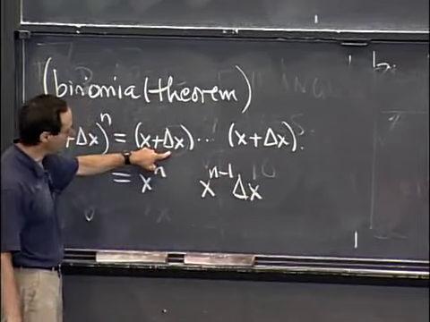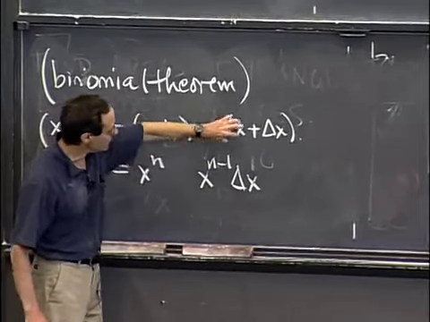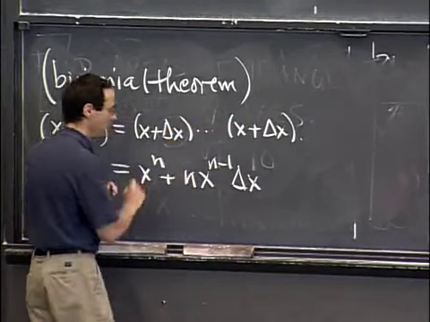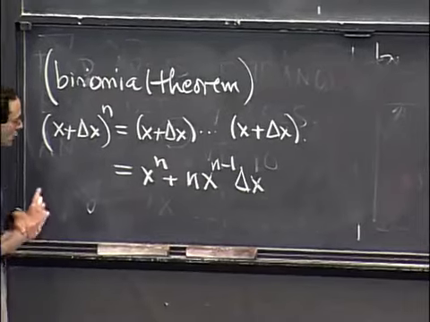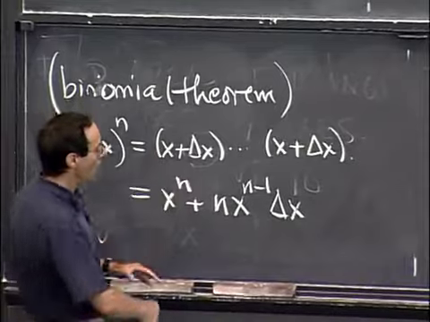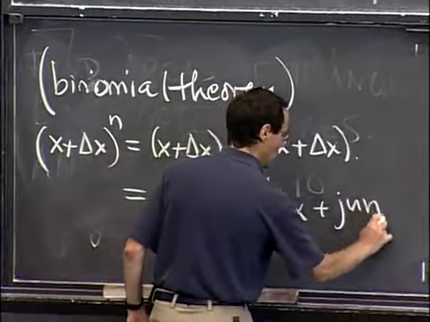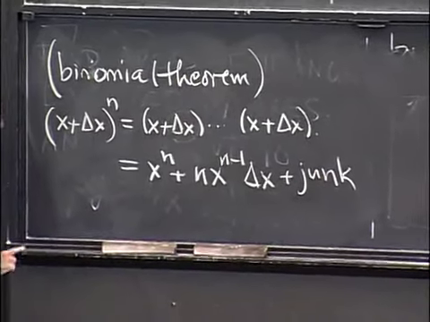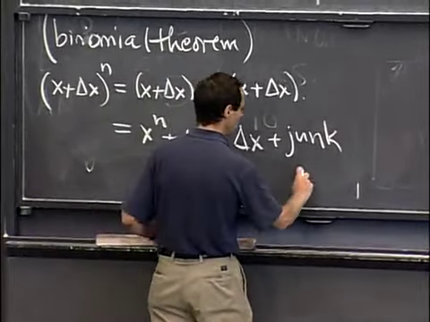And how many times does that happen? Well, it happens when there's a factor from here, from the next factor, and so on and so on and so on. There's a total of n possible times that happens. And now the great thing is that with this alone, all the rest of the terms are junk that we won't have to worry about. So to be more specific, there's a very careful notation for the junk.